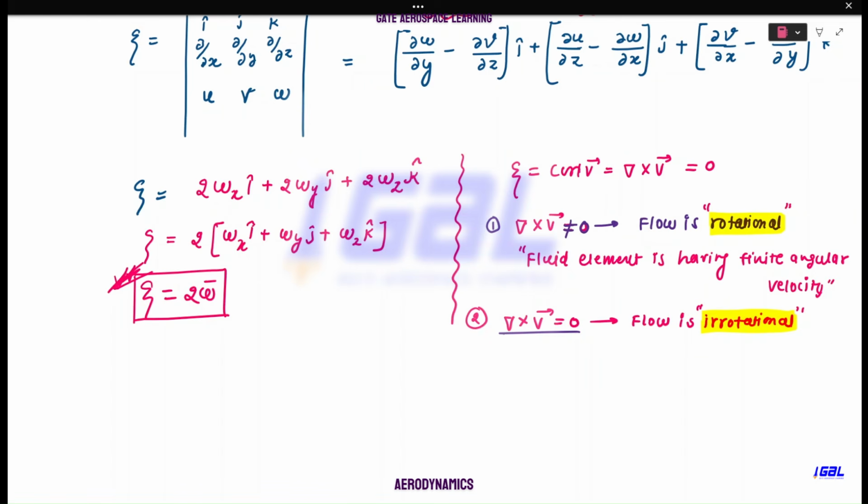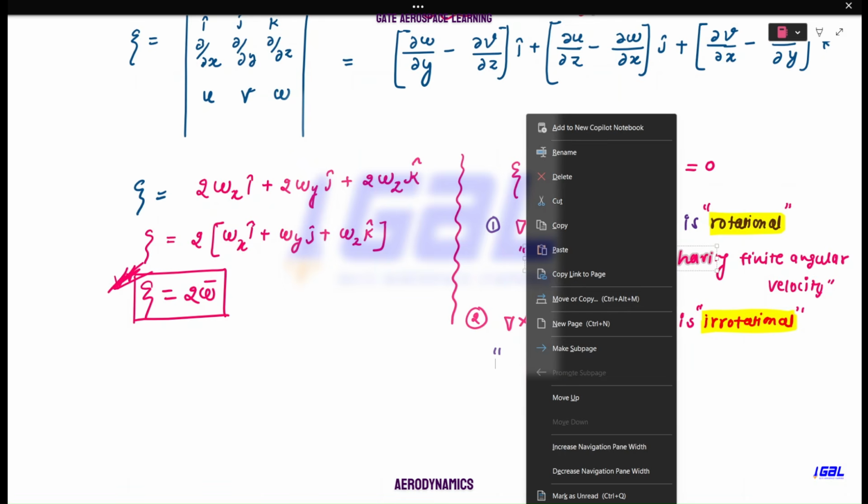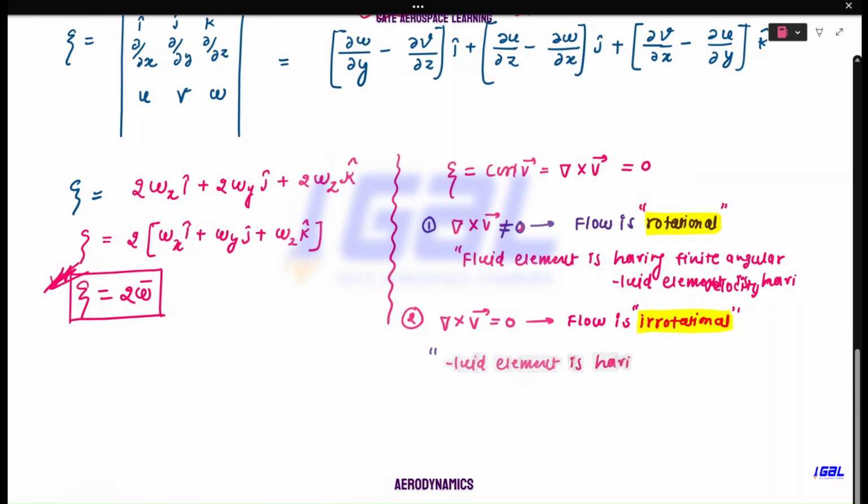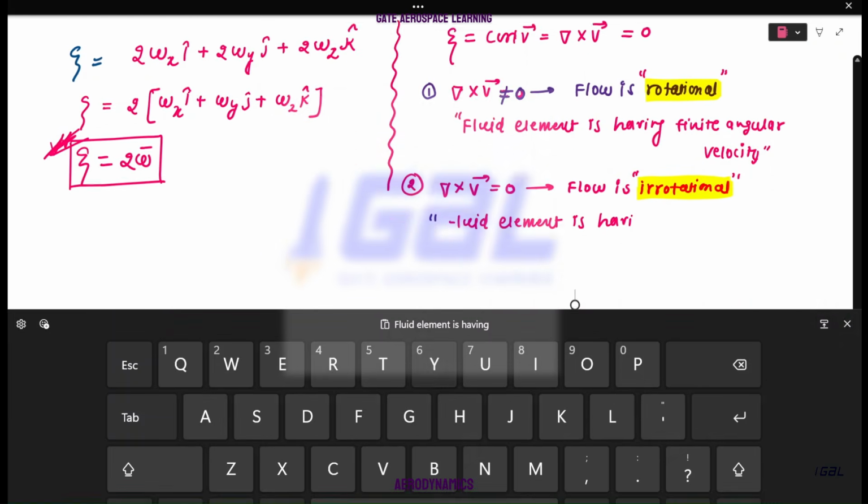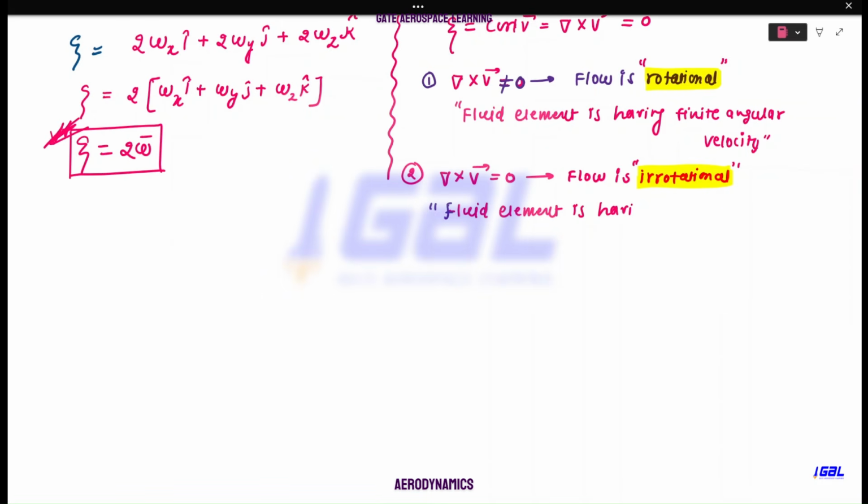Okay, it implies, let me write this as well. You should write this, guys, in your notes.